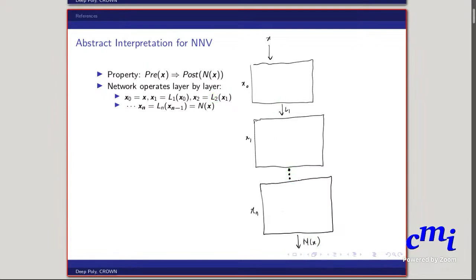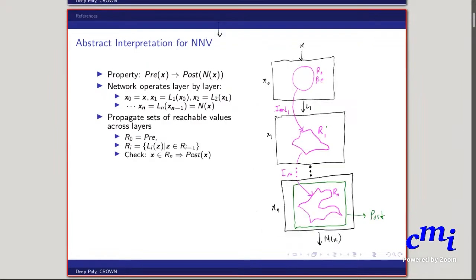So you have this layer-wise structure where you have some set of values, a layer operating on them, and then again you get some values and another layer operating on them, and so on. If you think about the pre and the post, this pink region here is really the pre. This pre is talking about some set of values at the input before any layer has operated on it.